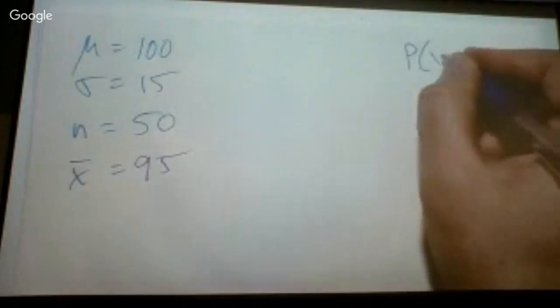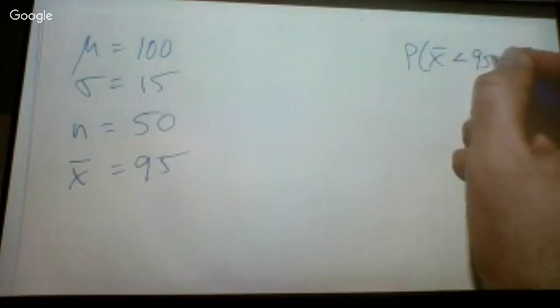Here we go. Mu is 100. Sigma is 15. N was 50. X bar is 95. We want to find the probability that the sample mean is less than 95.